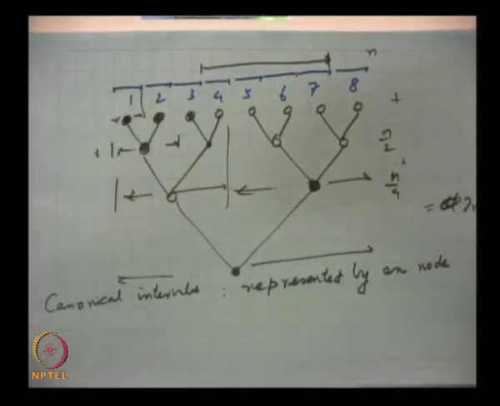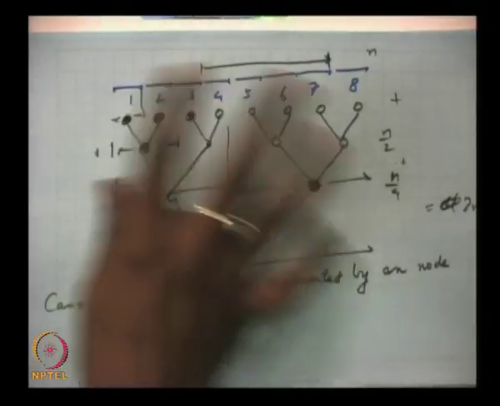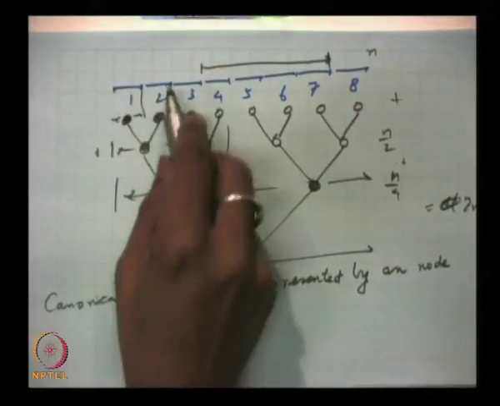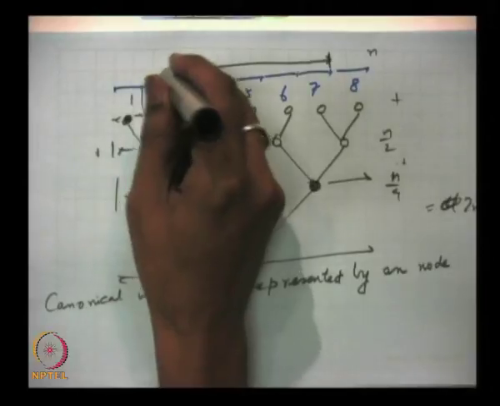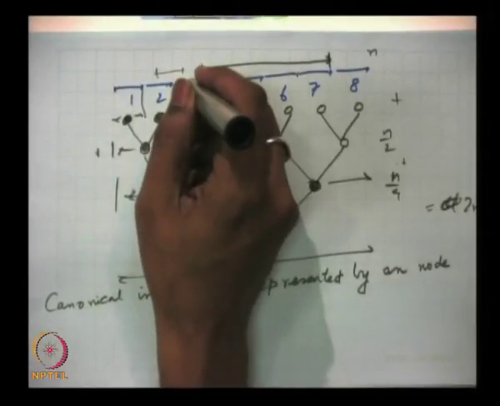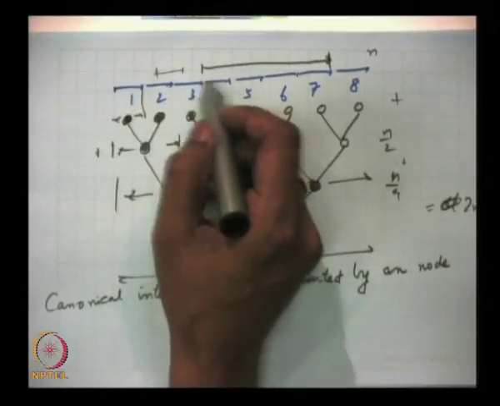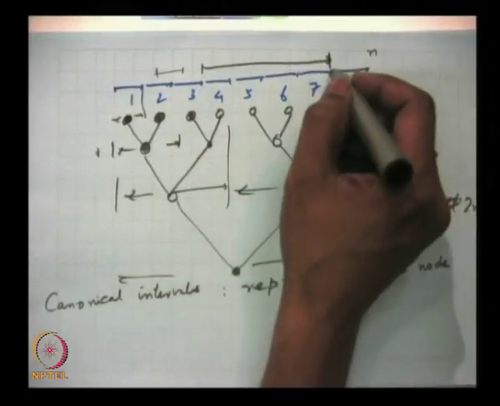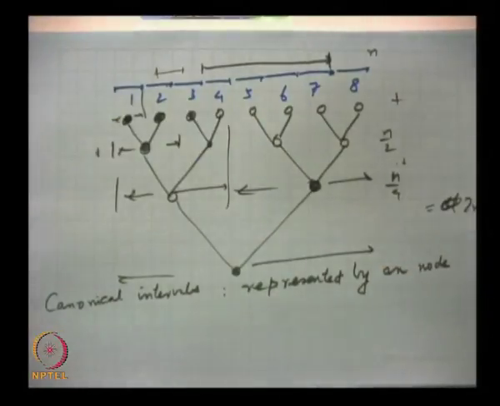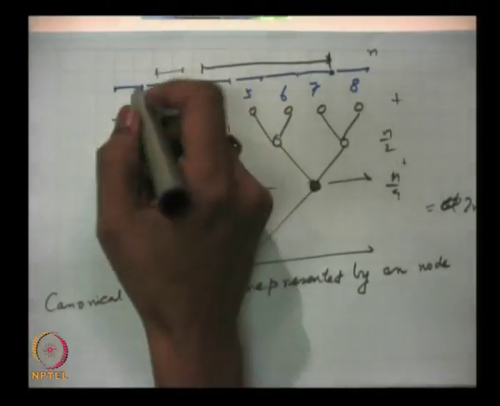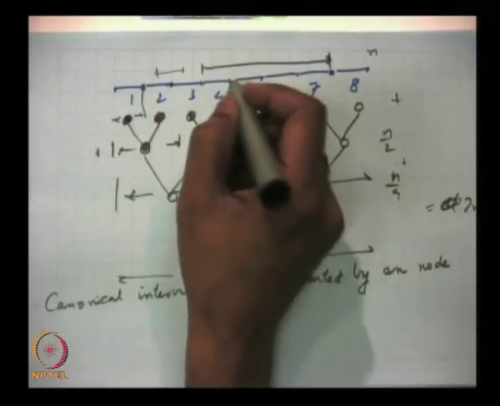These are not arbitrary intervals; whatever intervals we consider must be flush with the endpoints. I am not thinking about representing something from the middle of this to the middle of that. I am only thinking about intervals that span two such points, because these points are known to us. If you think about the original problem, these points are known to us. So, any interval has to span two such event points or endpoints, whatever you call them.